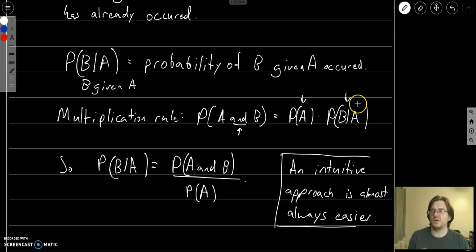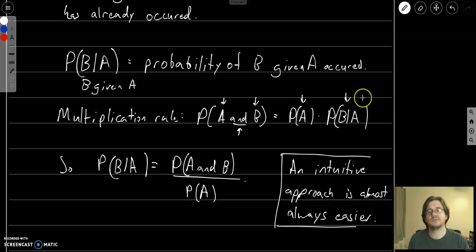But when we're trying to figure out the probability that B occurs, we already have some information. We already know that A had to have occurred by the time we got to B. So one way to think about this is A occurs first and then B.